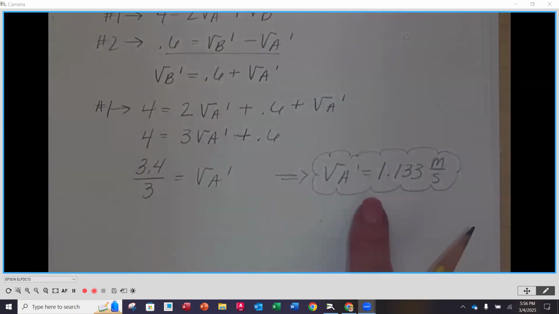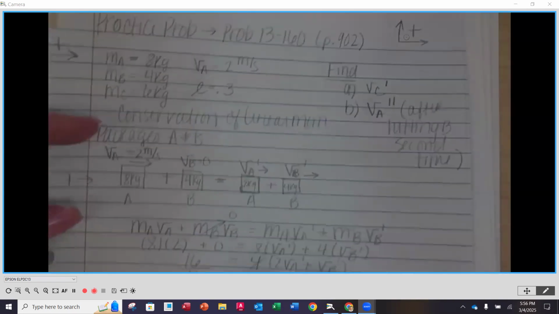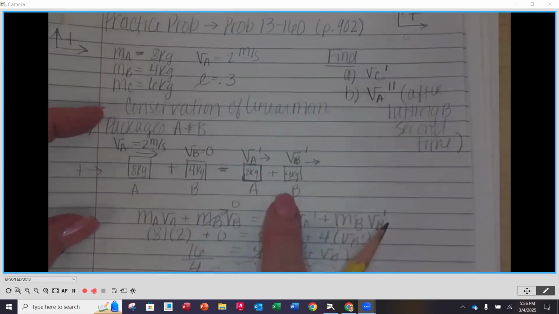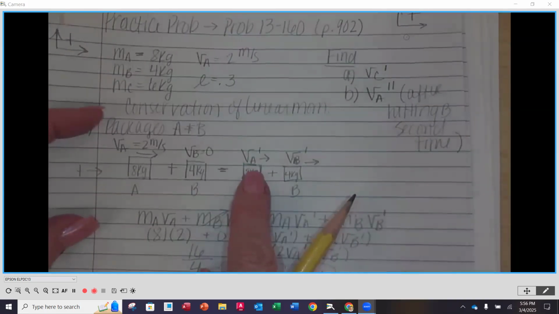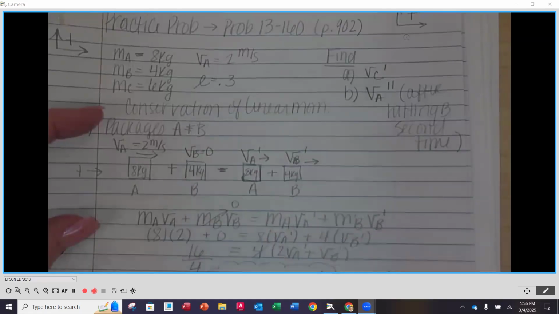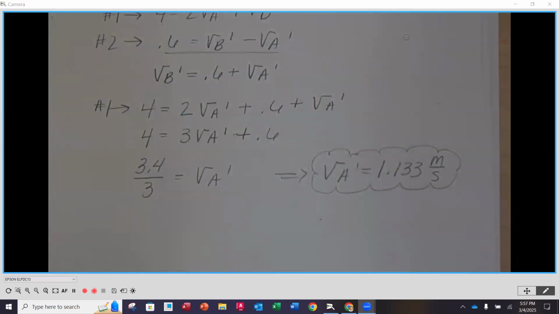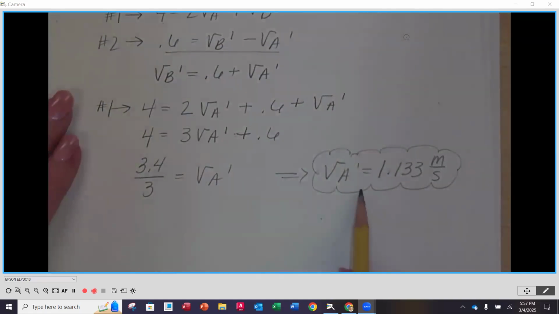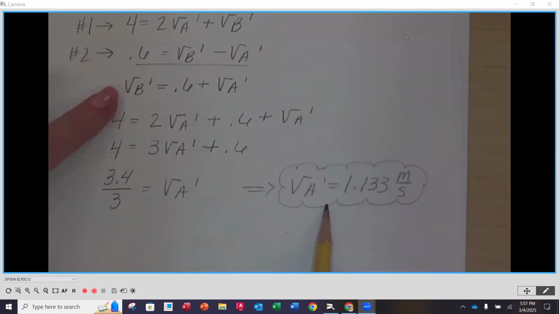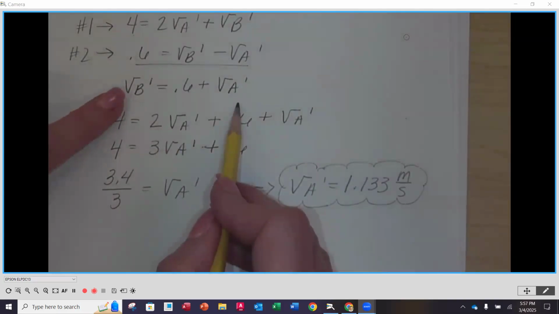Remember, this is the after side of my diagram. So this is the velocity of A after it collided with B. Now I want to figure out what the velocity of B is. So I'm simply going to take my VA prime and substitute it back up into the second rearranged equation.